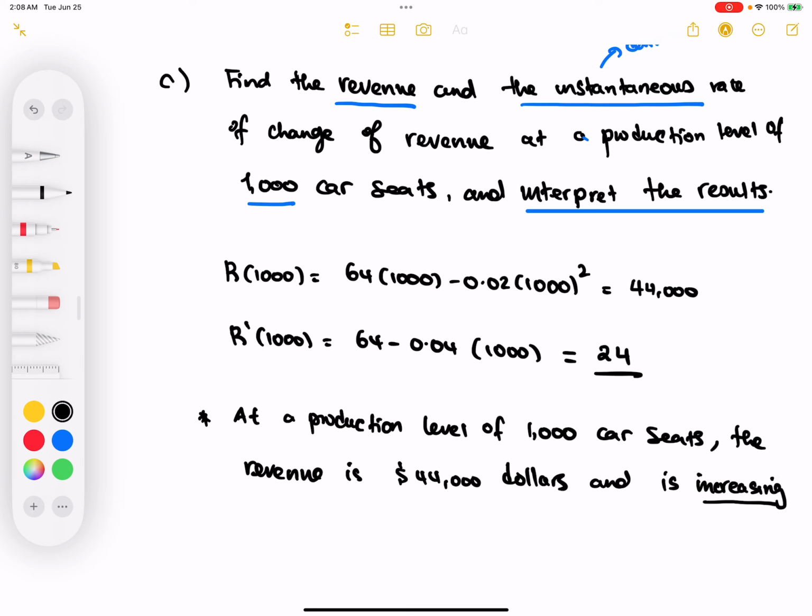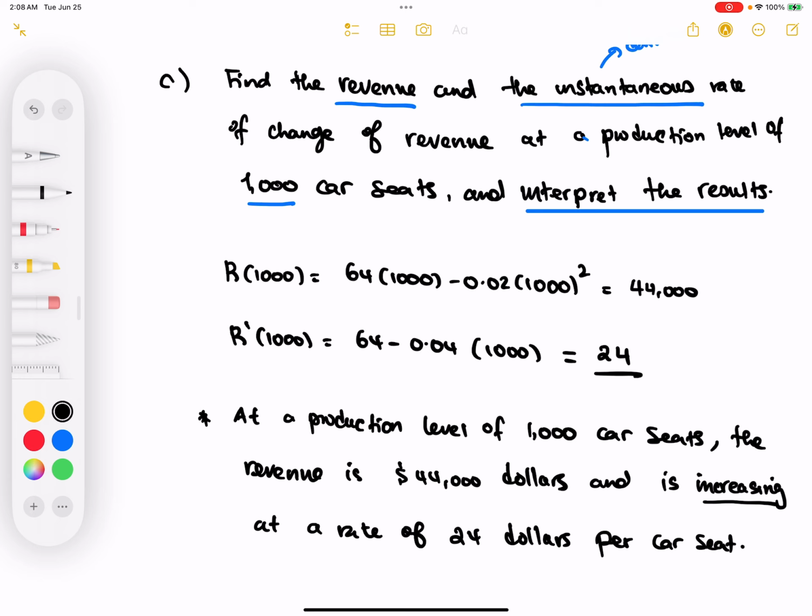This is important because it's positive, at a rate of $24 per car seat. That is the interpretation.